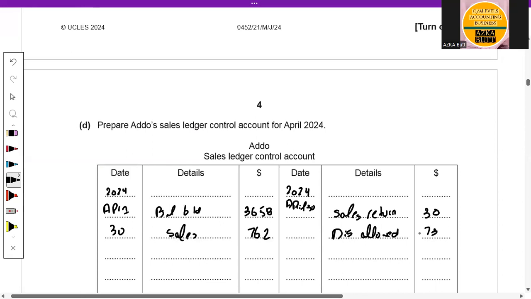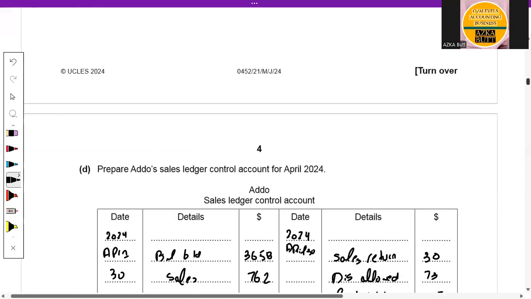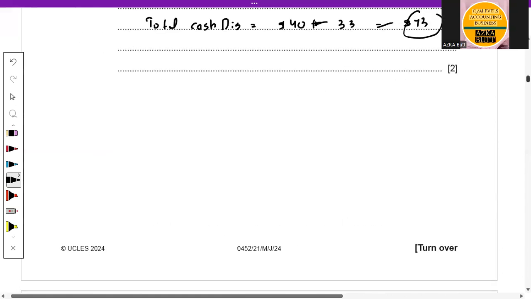Also there's an irrecoverable debt which is 215. Yes, bad debts, which is $215. And also we received some amount in the bank, which we calculated here, and this is 2076.